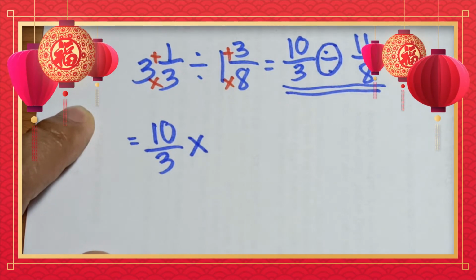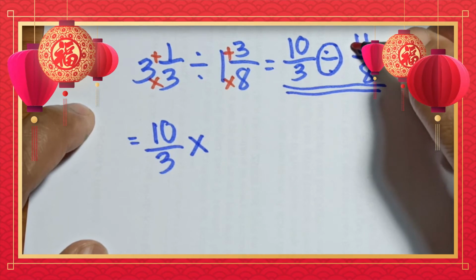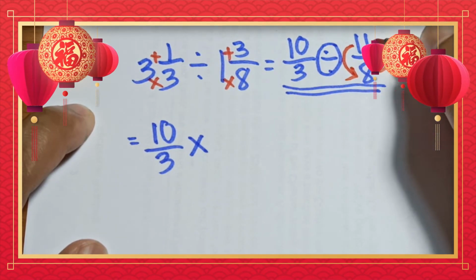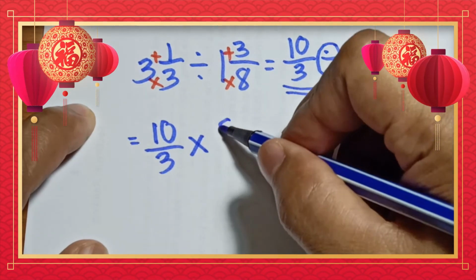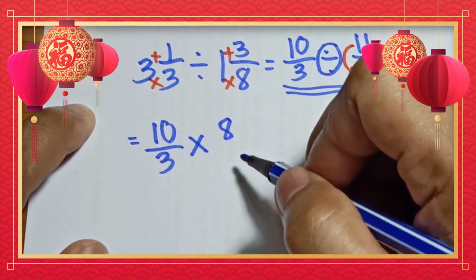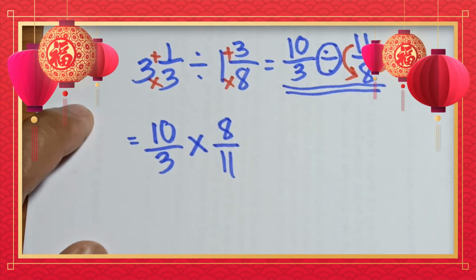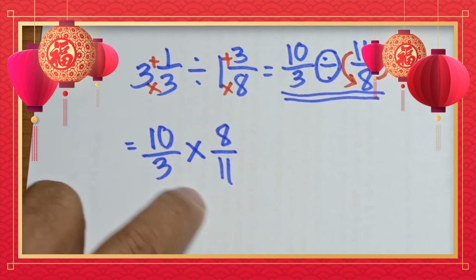Now in the second fraction, or the divisor, we change the position. So 11 will go down and 8 will go up. So it will become 8 over 11.